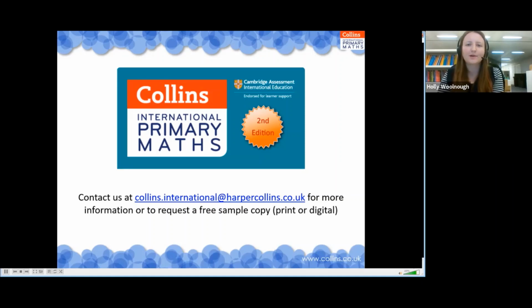The new Cambridge curriculum is quite different to the first one in that a lot of the objectives have been consolidated and reorganized, and the challenge level has moved around between the stages. So content that was previously in stage 3 might now be in stage 2. While we've tried to keep some of the elements from the first edition in the second, it has been comprehensively updated to match the new curriculum.